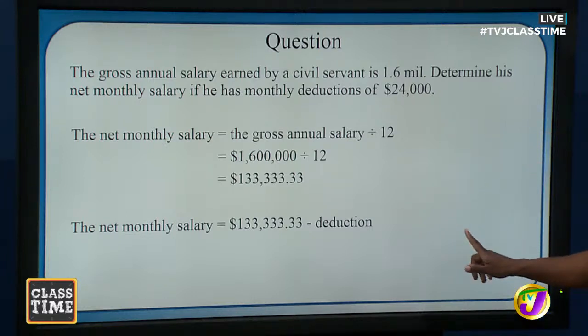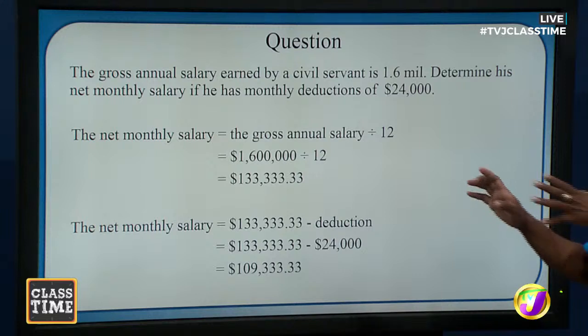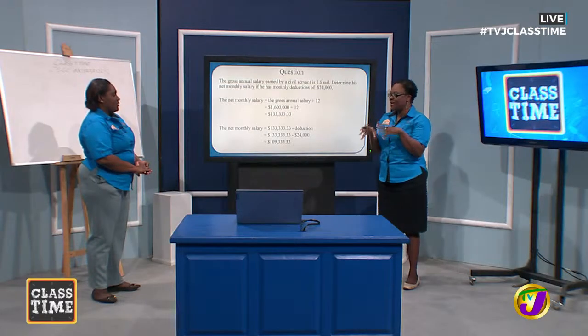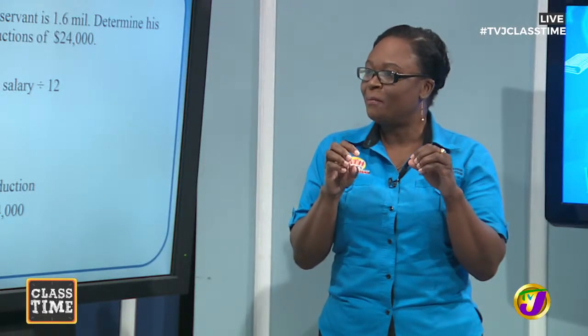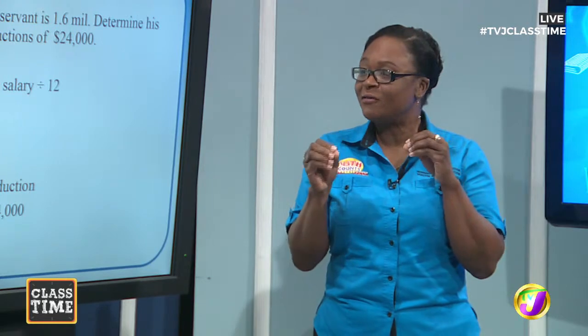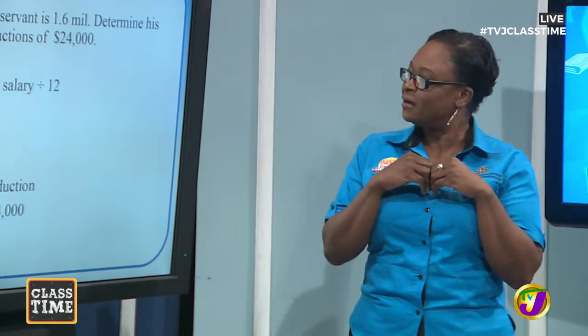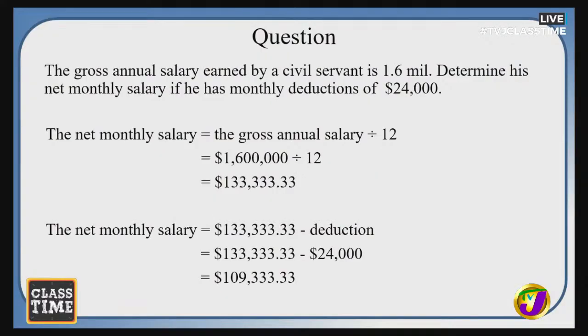When that operation is done, that would be $109,333 and 33 cents. So this would be the civil servant's take-home pay. This is what they'll be able to use to provide for their needs for the month. So this is what will be deposited in the person's account.